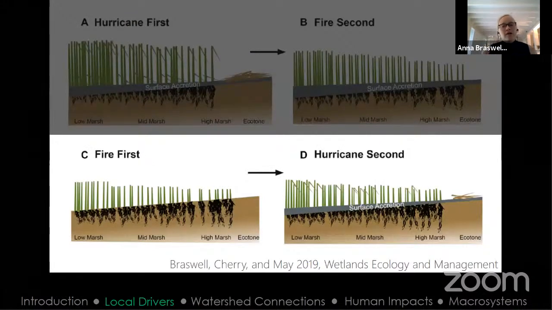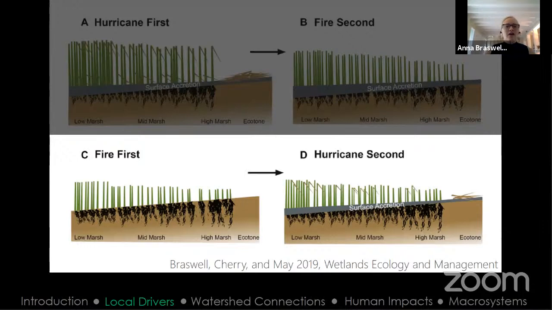We also thought about if the fire happened first and the hurricane second, we might see a more intense fire because that dead rack and the dead parts of the plants would be left in the marsh, leading to less dense marsh as the hurricane happened. And that would lead to less surface accretion because you don't have the same number of stems slowing the water, causing sediment deposition and trapping sediment on their stems.